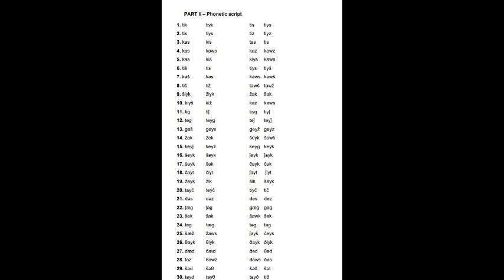Now find Part 2 on the same side of your answer sheet as Part 1. Over to the left. Part 2. Phonetic script. You will not need your practice exercise sheet for this part. Lay it aside.